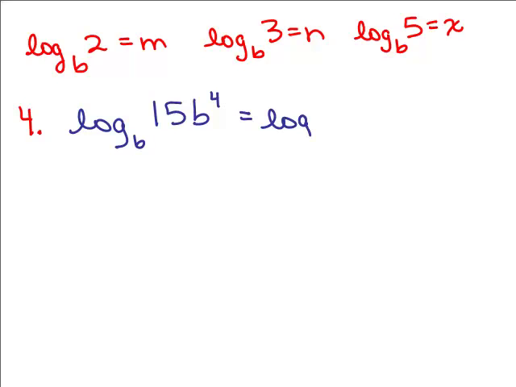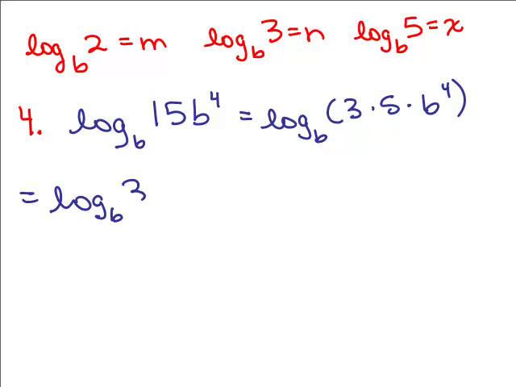That can be thought of as 3 times 5 times b to the 4th. Okay? So that lends itself to the product rule. So we can take the log of each of these separately. Log base b of 3 plus log base b of 5 plus log base b of b to the 4th.